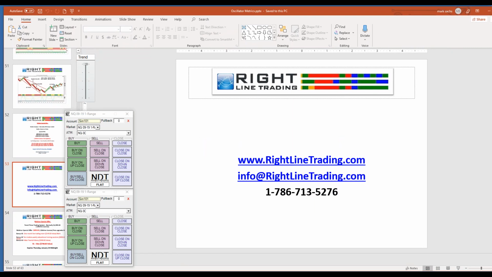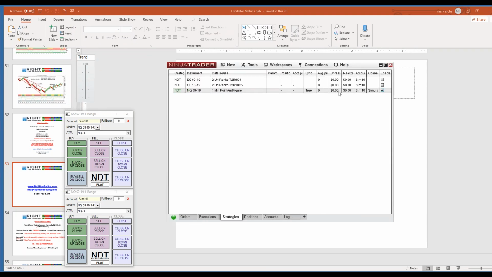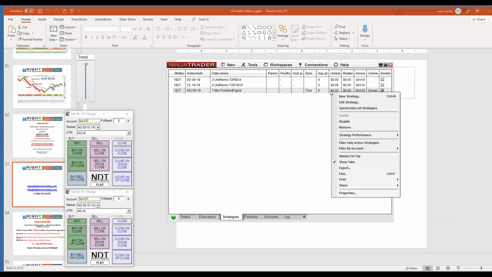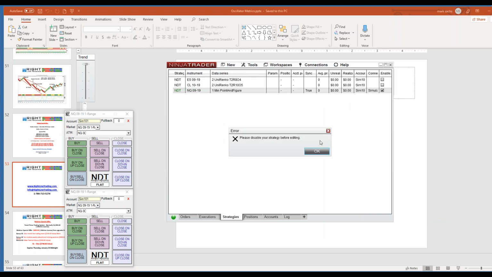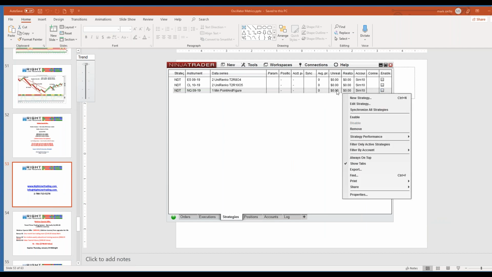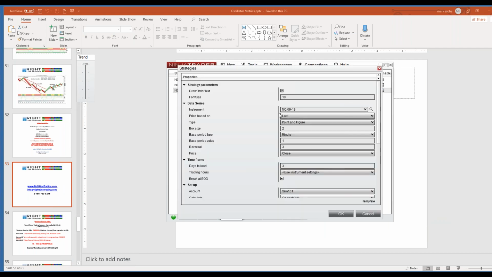That's just NinjaTrader. It works on any time frame, Hans. You decide that. Remember, when you go into the tool right here and set the strategy, you have to disable it. Edit the strategy and pick what you want.